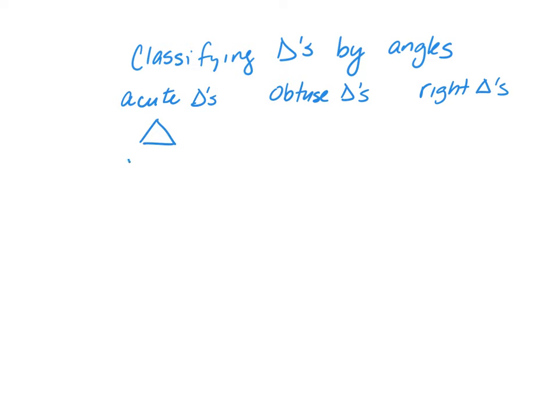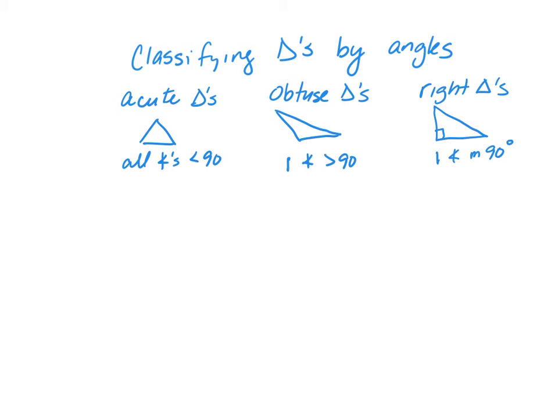Acute, all angles are less than 90. Obtuse, you've got one fat angle. One angle is greater than 90. And a right, you would have a box there. One angle measures 90 degrees exactly.